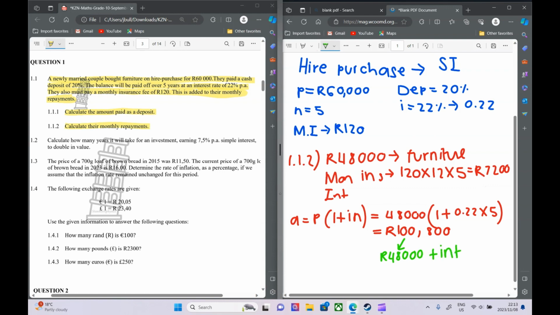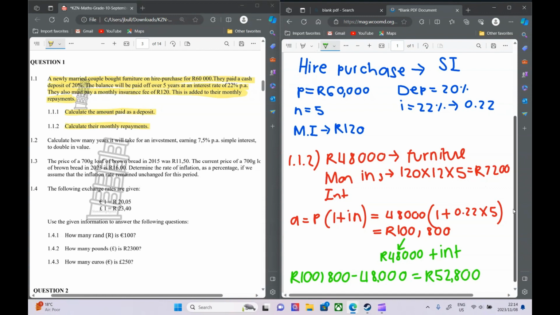If we want just the interest part, we've just got to take away that 48,000 Rand. So 100,800, take away 48,000, and we end up with 52,800. So that is how much they are going to pay in interest.